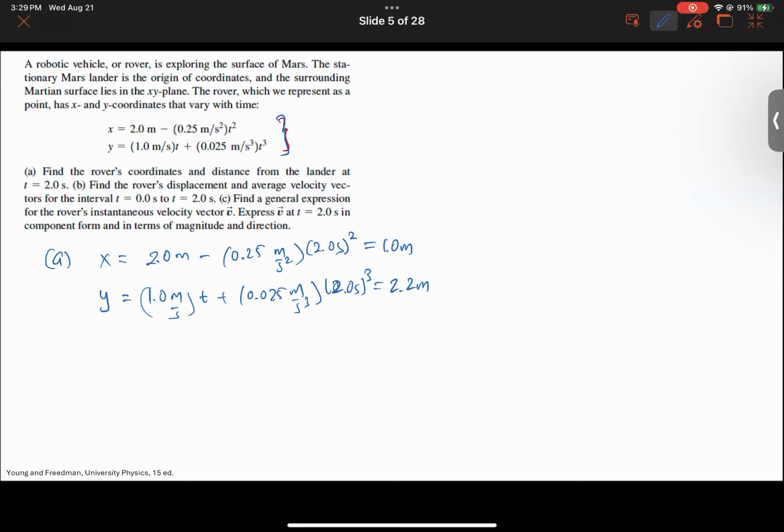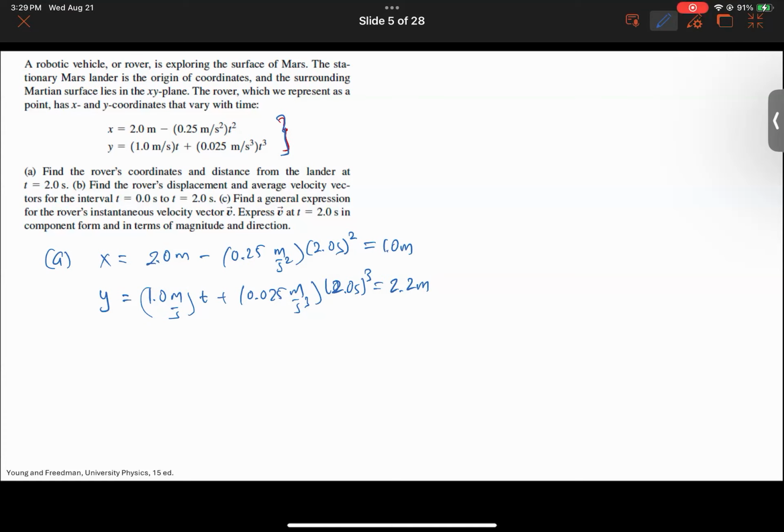Okay, so yan na yung coordinates after 2 seconds nung rover. Okay, so nag-travel na siya ng 1 meter along the x-axis and nag-travel siya ng 2.2 meters along the y-axis.